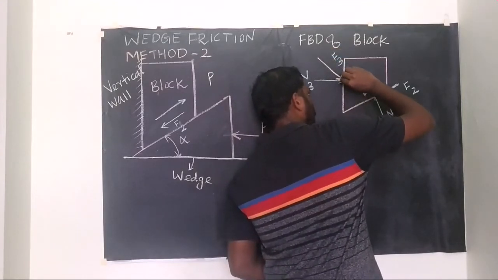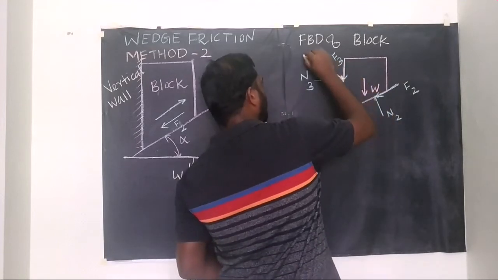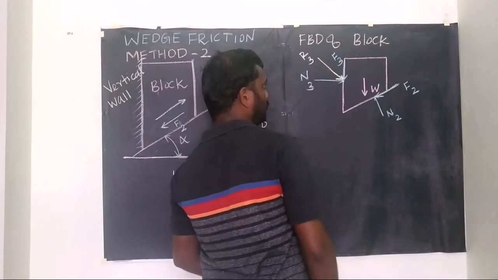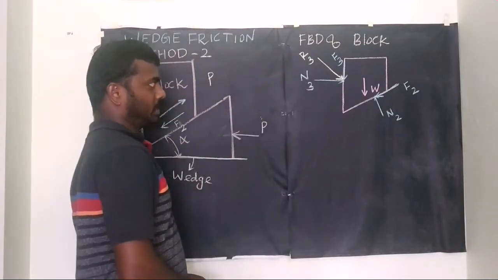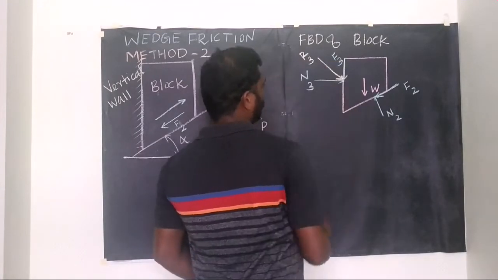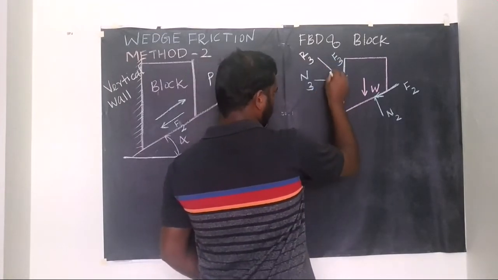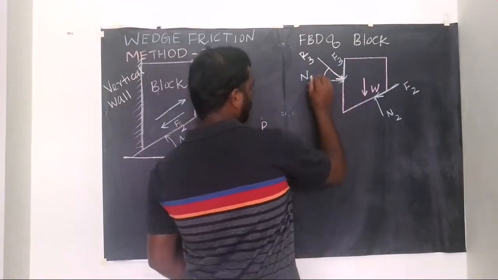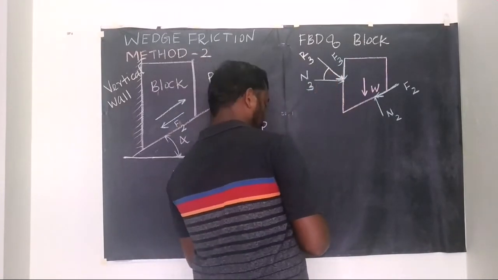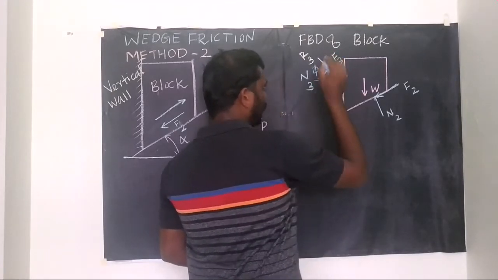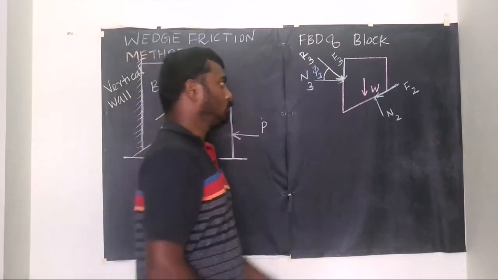This is resultant force, mentioned by letter R3. Then define angle of friction, that is the angle between resultant force and the normal reaction force N3. This angle is nothing but the angle of friction, mentioned by letter pi 3.